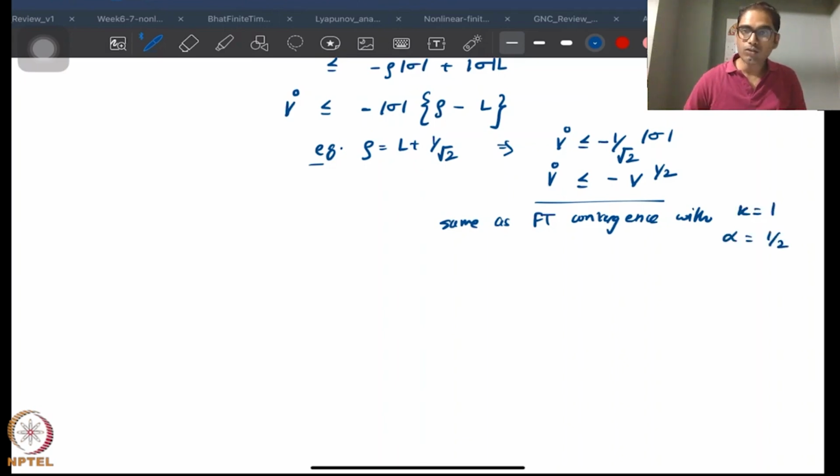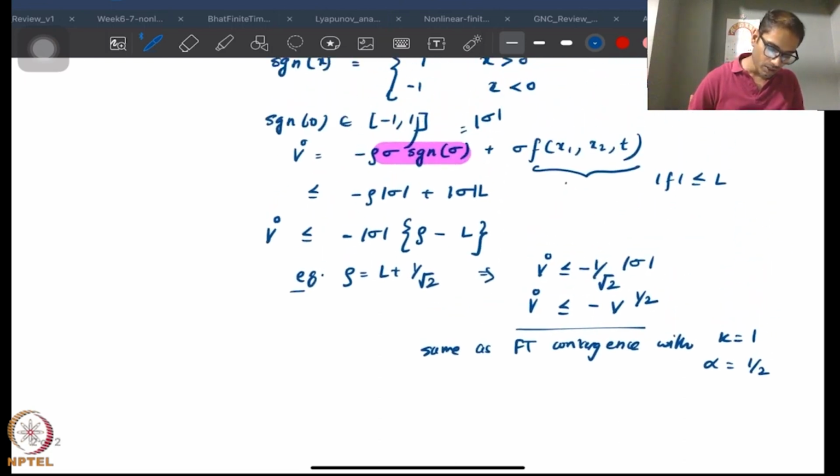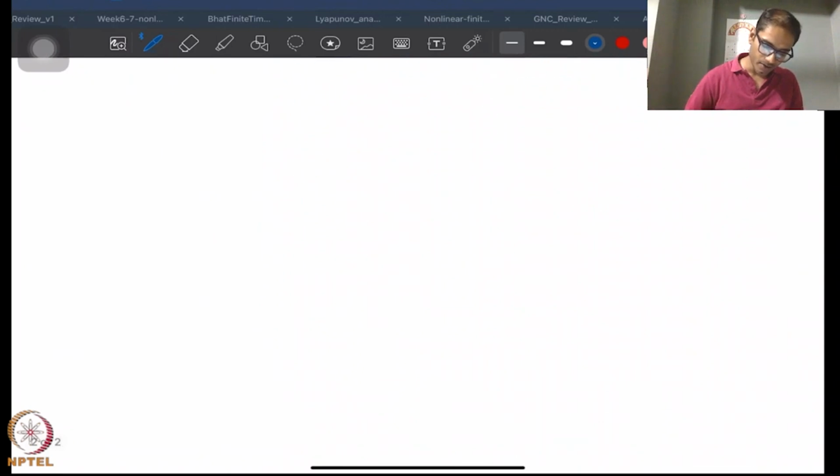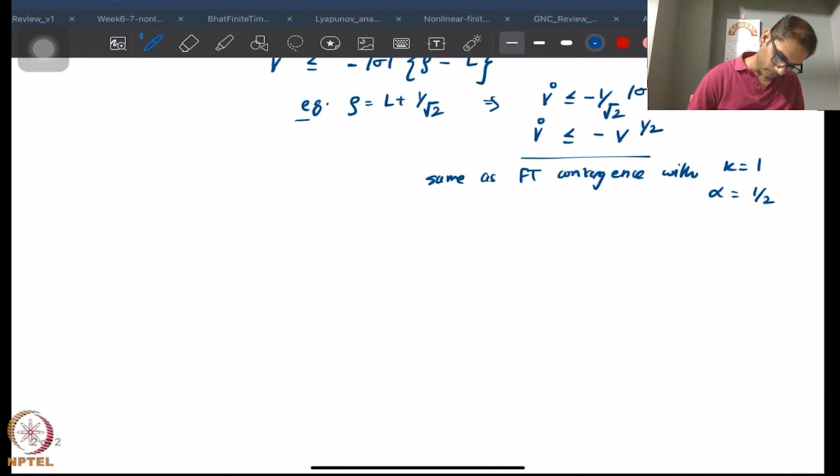So we are allowed to choose alpha anything from 0 to 1. Therefore we have chosen alpha equal to half and k equal to 1. So obviously we have finite time convergence, so we know that the sigma dynamics converges to 0 in finite time.